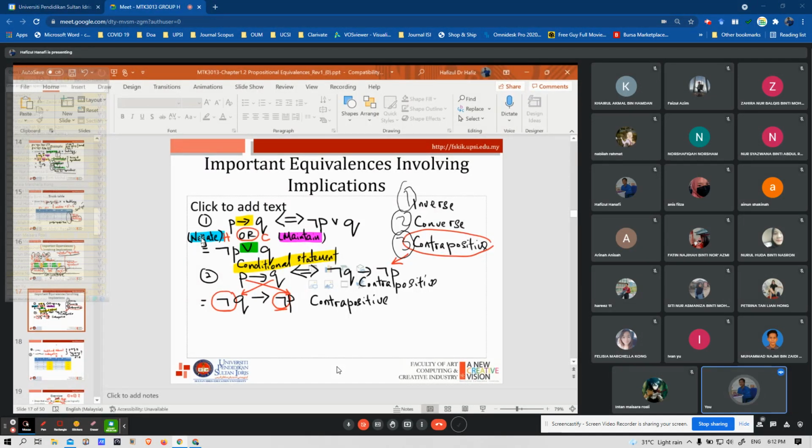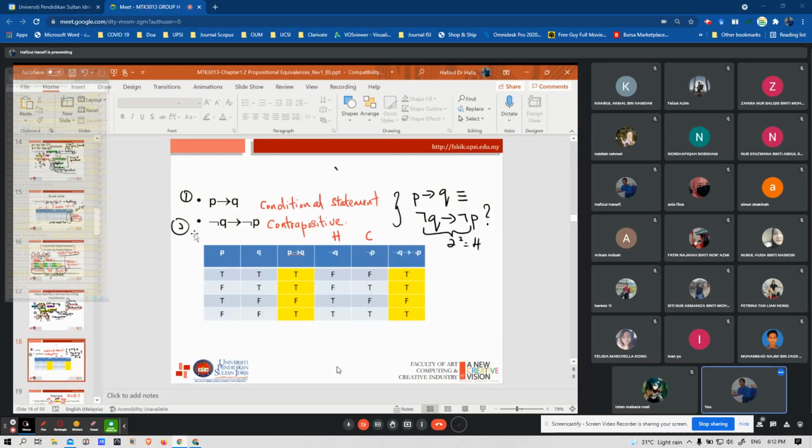We negate the hypothesis or conclusion and maintain the other. This one is the conditional statement. For the contrapositive, you change the position of the hypothesis and conclusion, and you have to negate both.